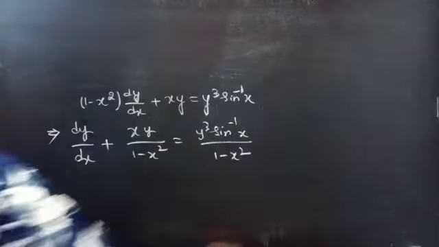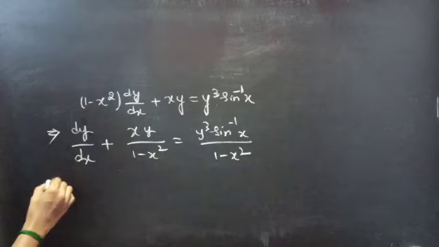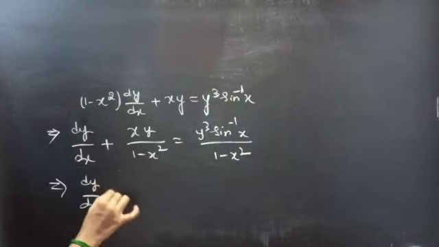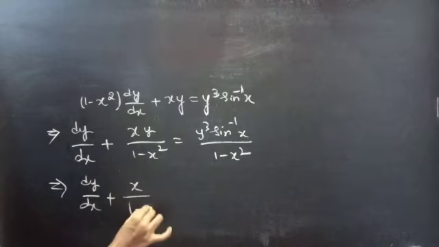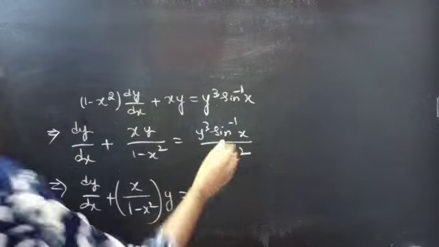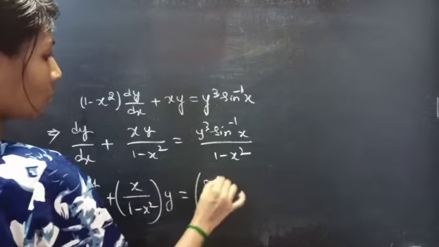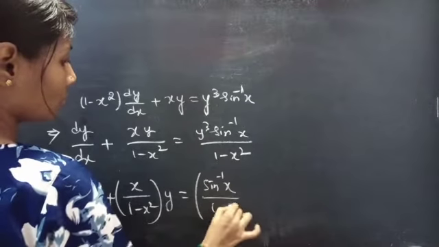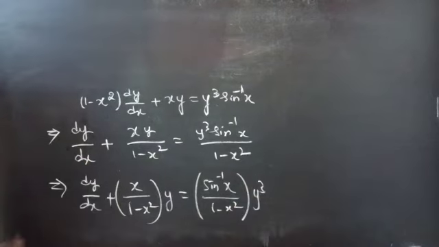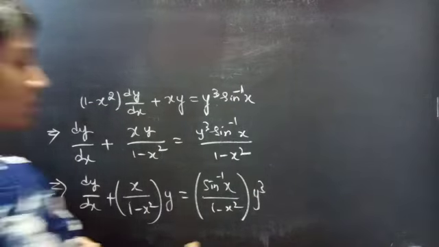So now you can write this equation as dy by dx plus function of x into y equals to function of x into function of y, which is in Bernoulli's form, right?